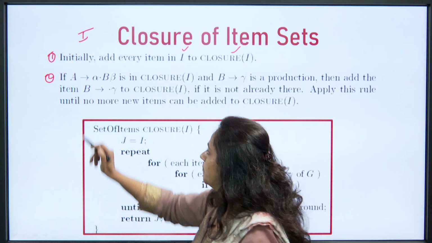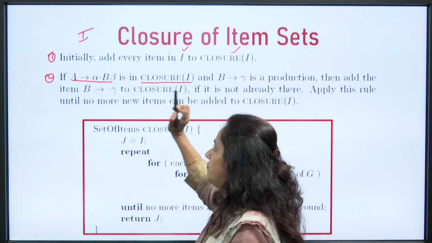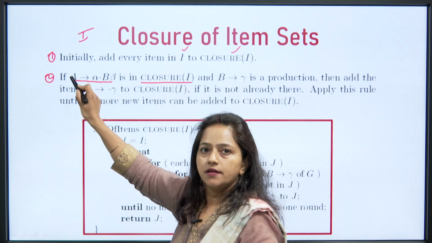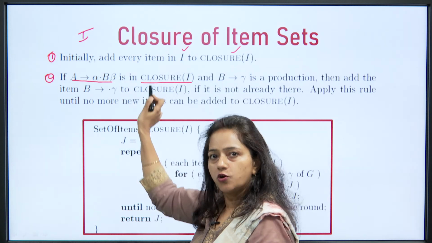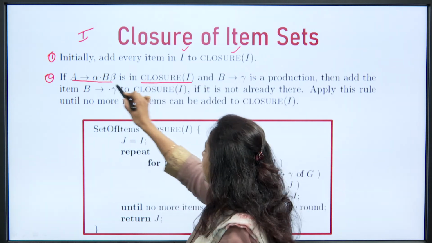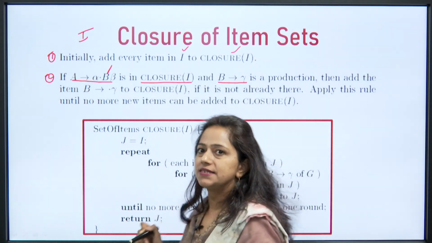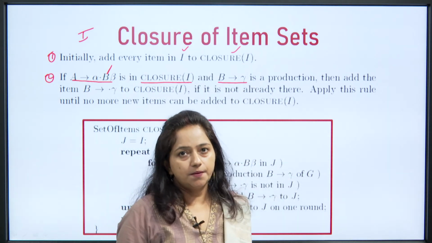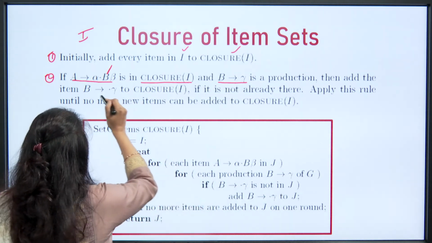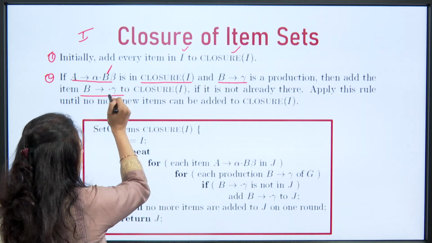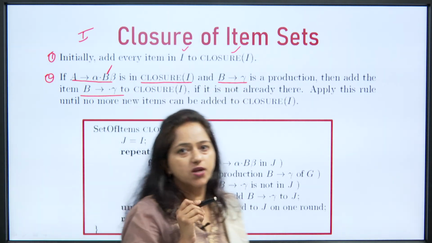Second, if A to alpha dot B beta is in closure of I, this is an LR0 item, a production with the dot after alpha, and B is a non-terminal with a production B to gamma, then we add the item B to dot gamma, meaning we put the dot at the extreme left end.